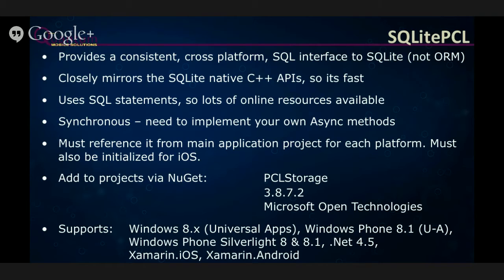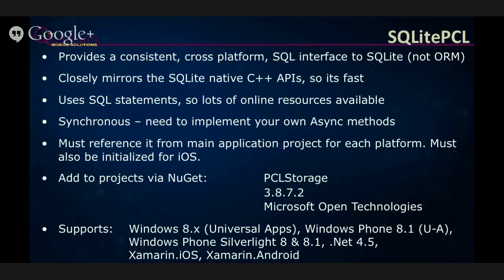It's synchronous. This PCL is synchronous only. And with any sort of data access on a mobile device, synchronous is a bad idea. So you're going to have to implement your own asynchronous versions of methods, so that you don't block the GUI thread when you're accessing the database. There's another thing you have to do with it. You've got to reference it from the main application projects for each platform, because the file system is different on each platform, and it has to access it behind the scenes.